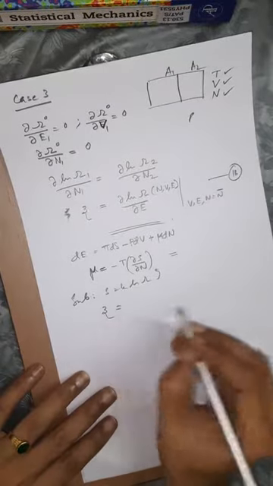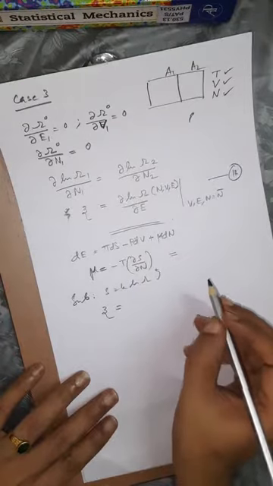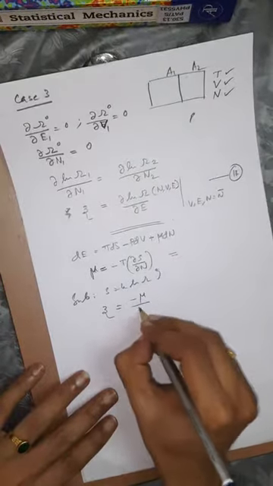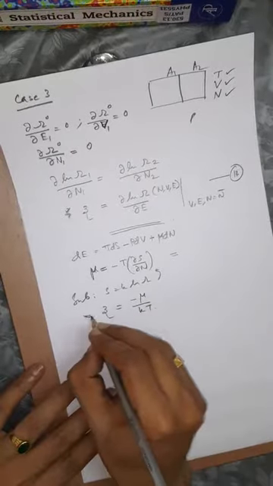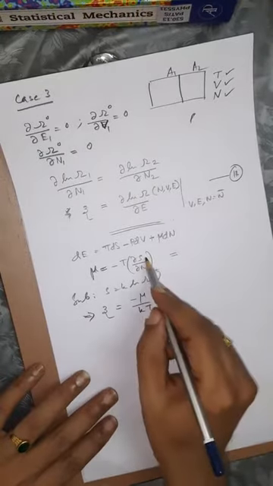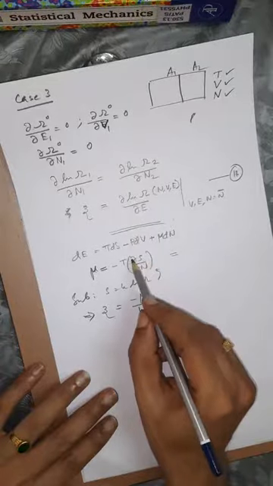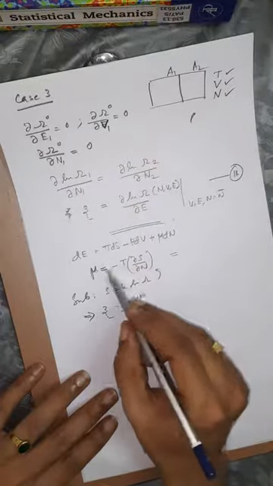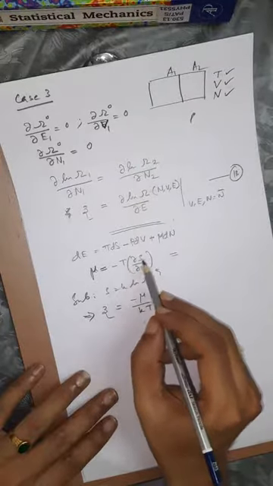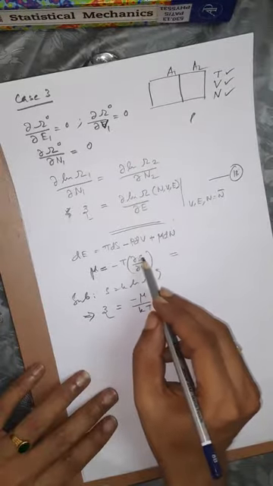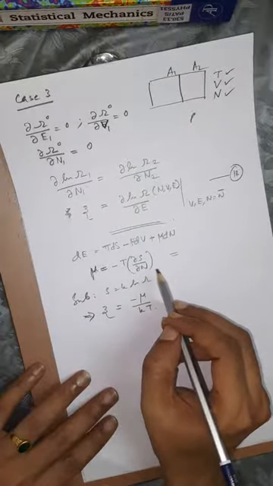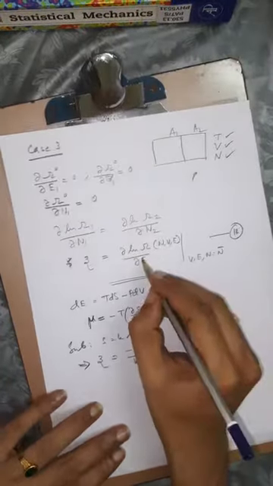I will get theta, right? Theta is equal to mu by Kt. So if I put S is equal to K ln omega here, I will get minus 1 by Kt is equal to minus of dou ln omega by dou n, sorry, here I made a mistake.